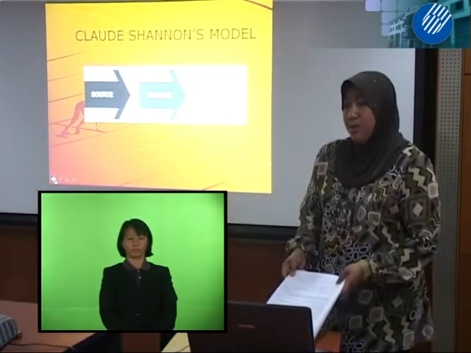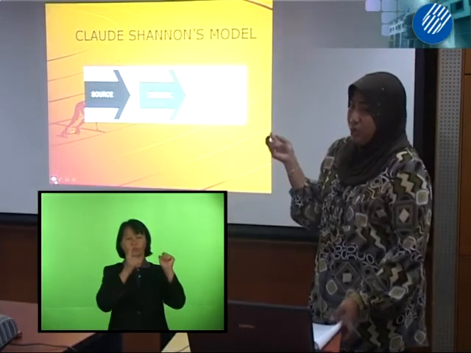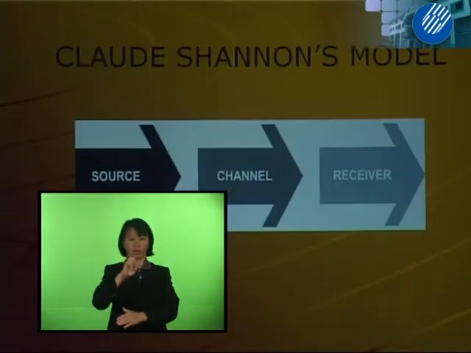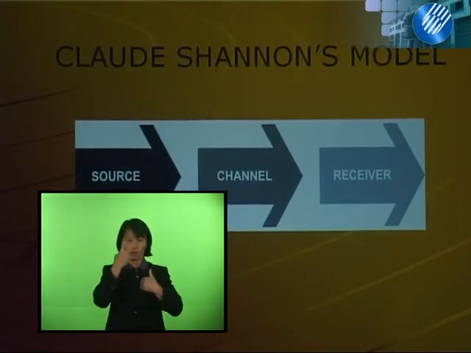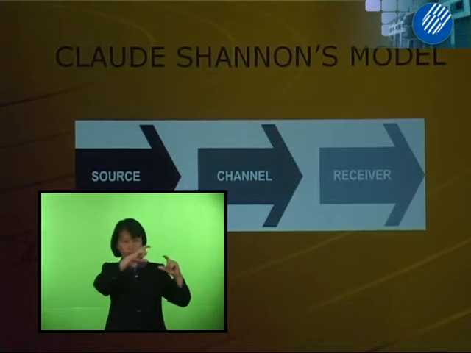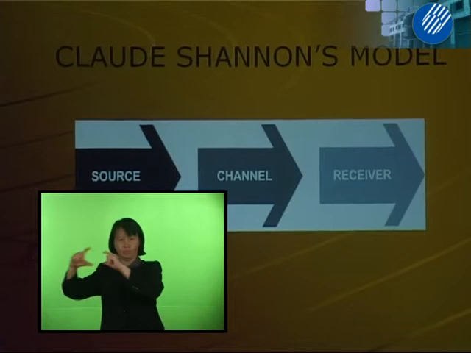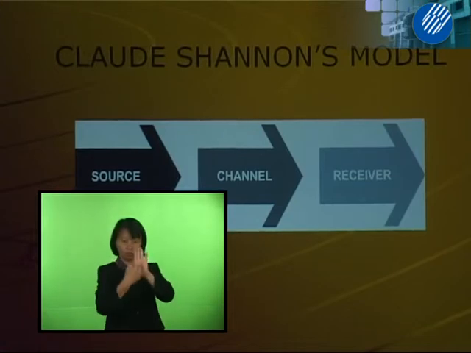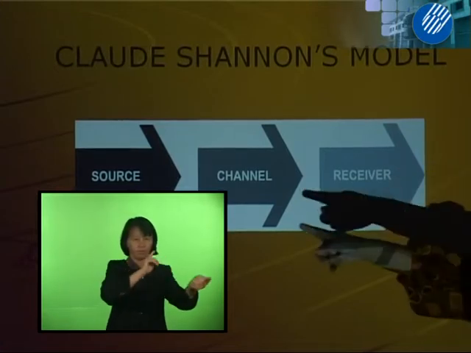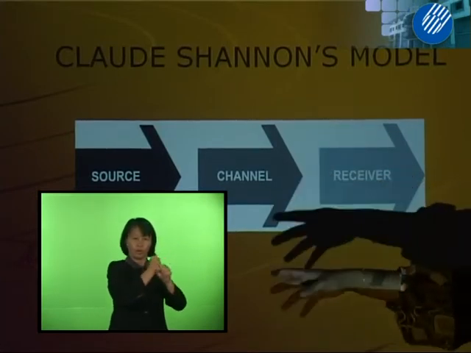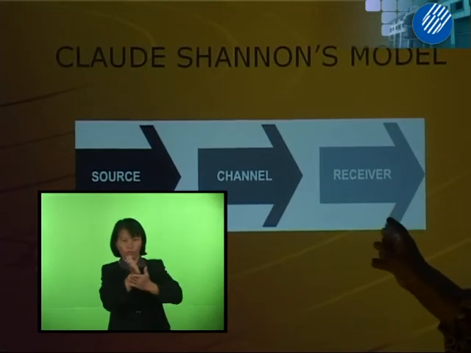Next, the first model is called Claude Shannon's model. As you can see in this slide, there are 3 arrows going this way, starting with source, channel, and receiver. Ladies and gentlemen, this diagram shows that information is transmitted from an information source through a channel to the receiver.